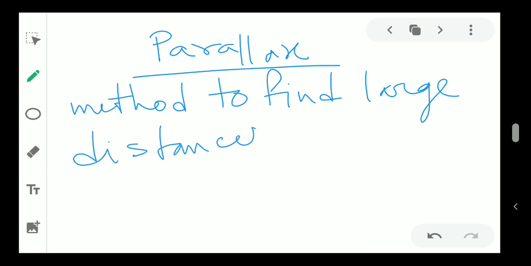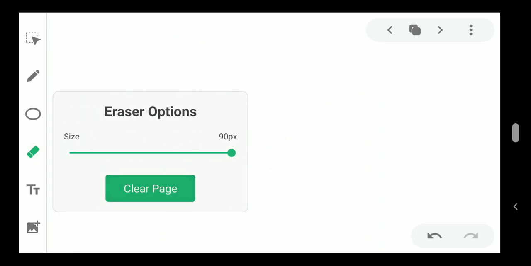We will not only use this in our theoretical aspects, but later in class 12 you will have one practical on optics where we are going to use this technique, the parallax method. So this is basically linked with distances. Let me give you one example.